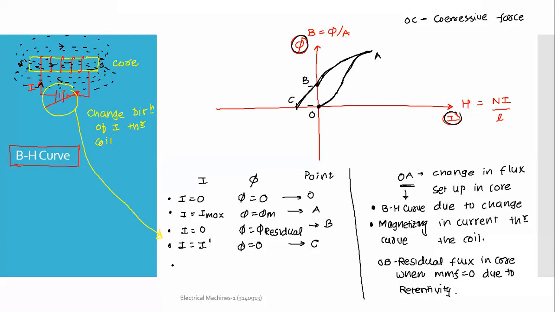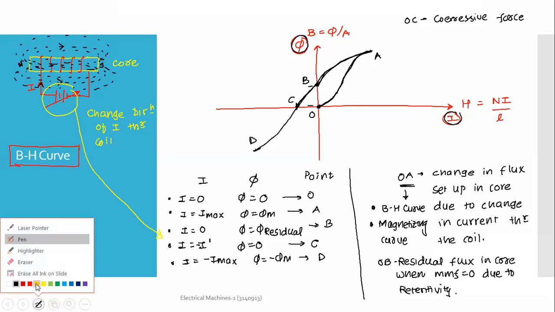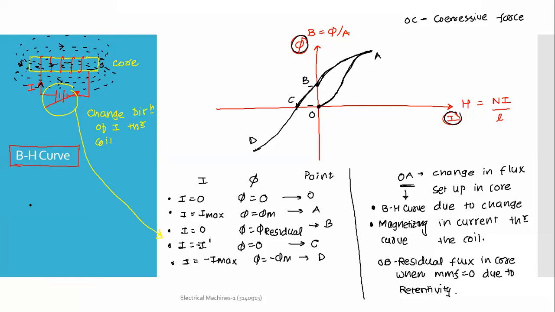Now if we continue to pass current in the opposite direction by changing the battery terminal, the flux will reach its maximum in the opposite direction. Same way as point A, now it is point B, where the flux has reached in the opposite direction.